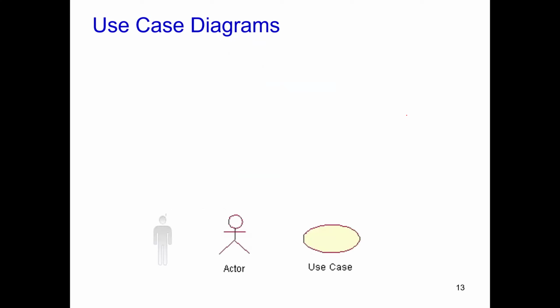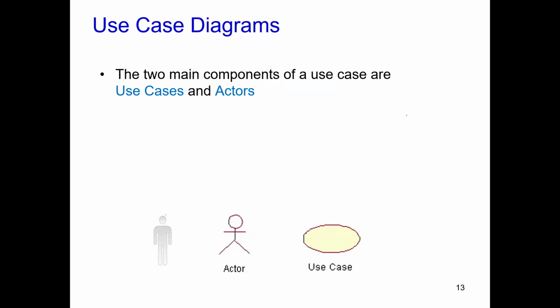Typically we have two main components for a use case diagram, the actor and the use case. The actor could be, as long as it looks like a person, one of those simple diagrams, or it could be more elaborate like the one on the left. The use case is typically represented by that symbol.